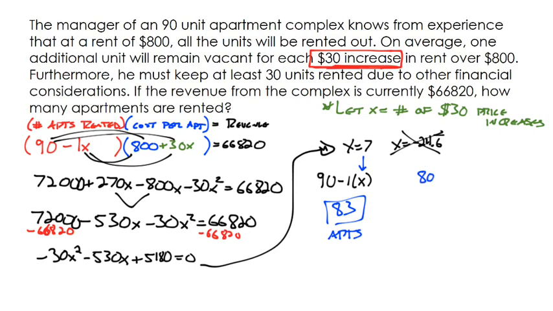That would be 800 plus 30 times 7, in other words 800 plus 210. That means we were charging $1,010 for apartments. So that would be the price, and this would be the number of apartments.